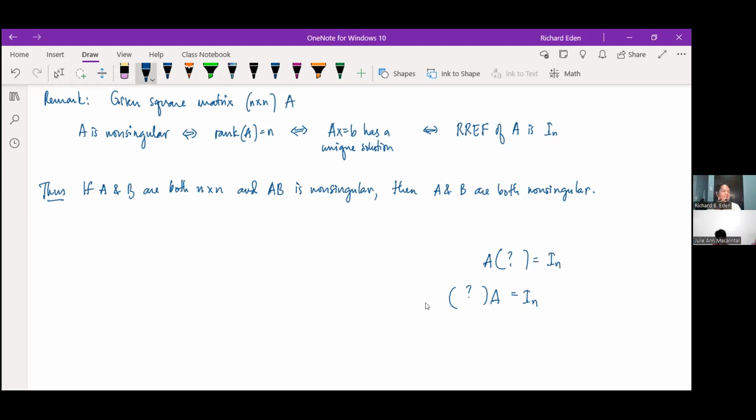A and B, sorry, AB is non-singular. So, proof.